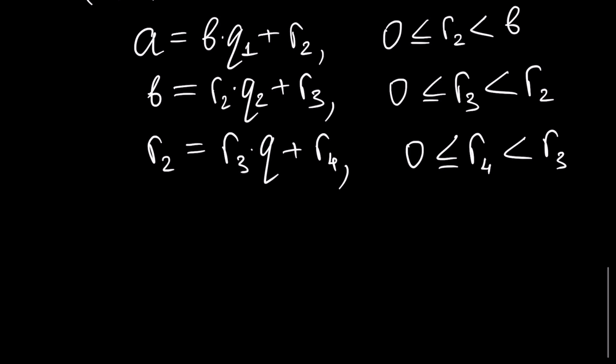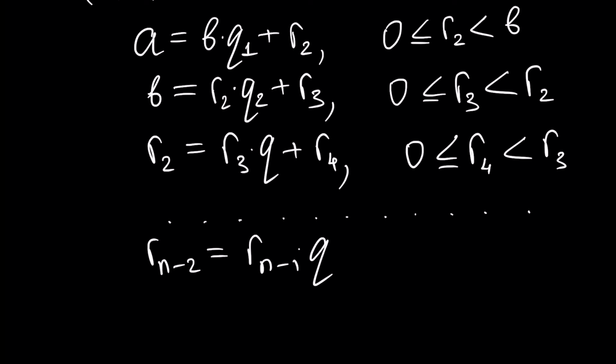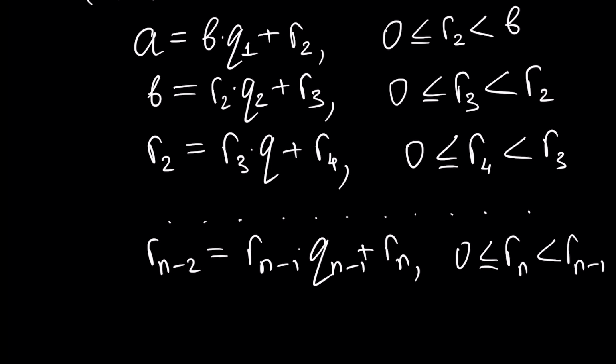And continuing this algorithm, we will have R n minus 2 equal to R n minus 1 times some integer q n minus 1 plus Rn, where our remainder Rn is less than the previous remainder R n minus 1 and also is not negative.